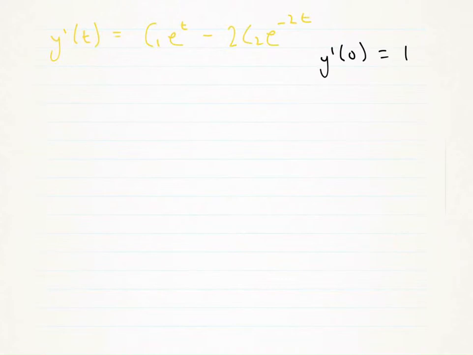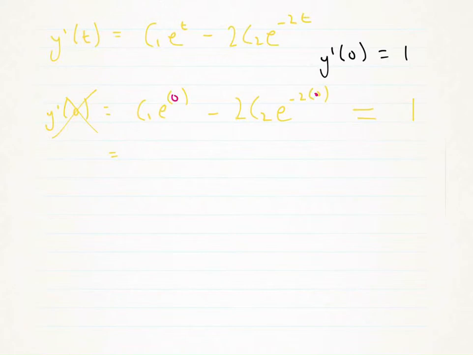So y dash 0 is equal to c1 e to the blah minus 2 c2 e to the minus 2 blah, and I know that answer was going to work out to be 1, so I'm just going to ignore this side of it because I don't need it anymore. My blah there was 0. Okay, so let's work this out.